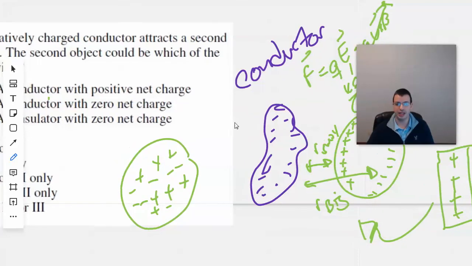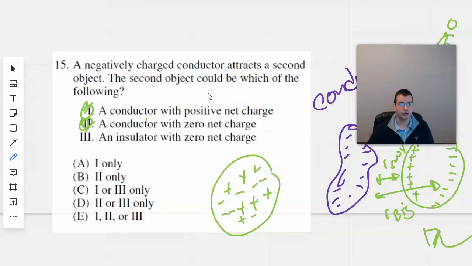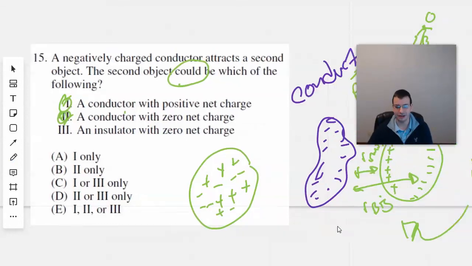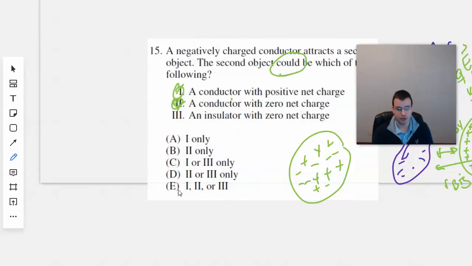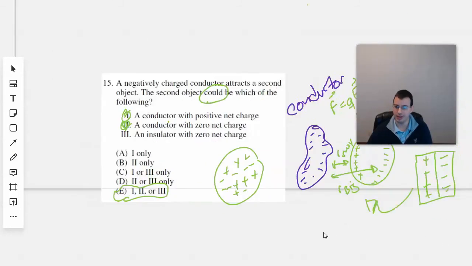So it could be possible. It seems unlikely. You'd go to a lot of effort to make a special insulator that's not the same on both sides, not the same throughout, but it's possible. And that's why 1, 2, or 3. And that's why E would be the answer for that.